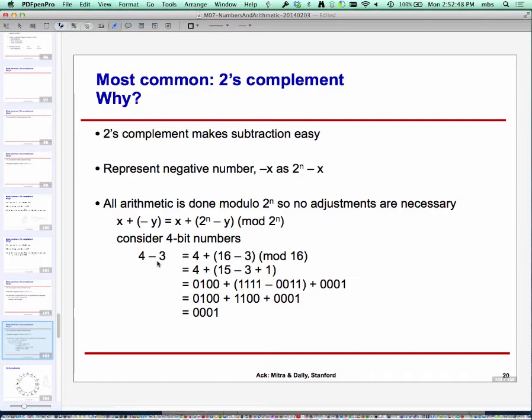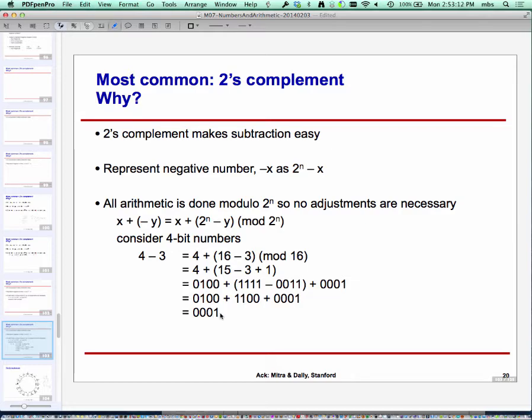So 4 minus 3 is the same as saying it's 4 plus 16 minus 3, right? Now in 4-bit terms, 16 minus 3, modulo 16, is the same as 4 plus 15 minus 3 plus 1, and if you add these things up, you'll see that you end up with 0, 0, 0, 1, which is a positive number 1.